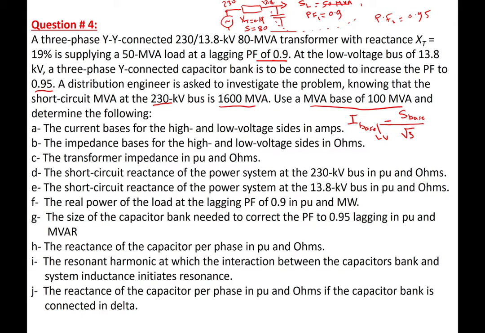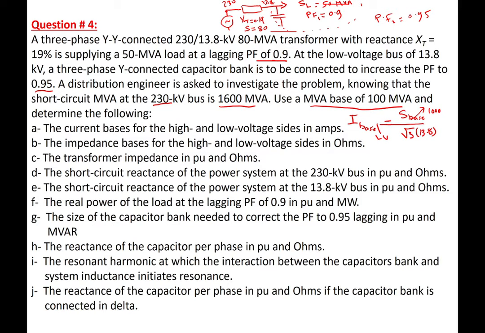On the low voltage we have 13.8. Okay, so this is 1000, and then for the high voltage, instead of 13.8 we're going to have 230.